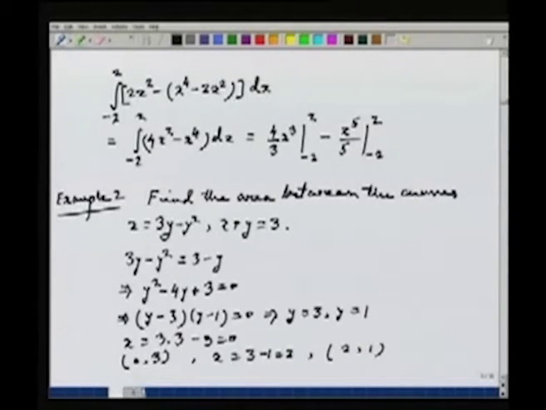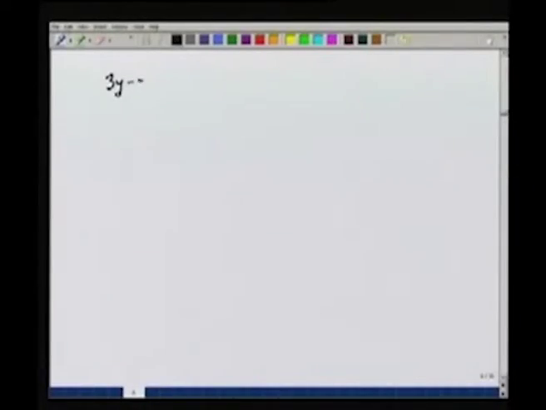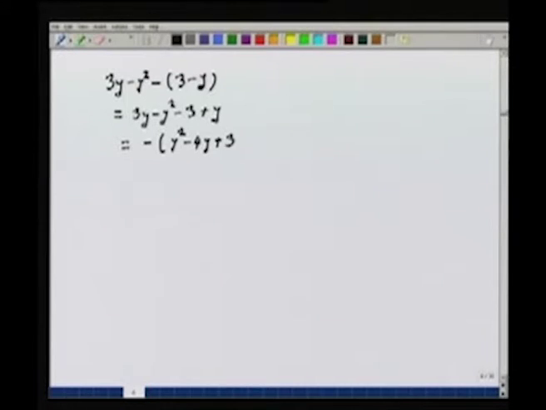Now to see which curve lies above, let us just compare, that is 3y minus y square minus 3 minus y. That is 3y minus y square minus 3 plus y, that is minus of y square minus 4y plus 3. That we know is minus of y minus 1 into y minus 3.